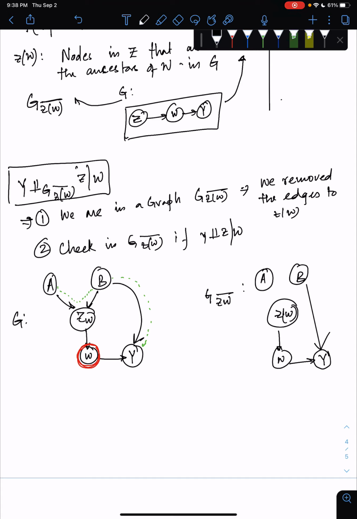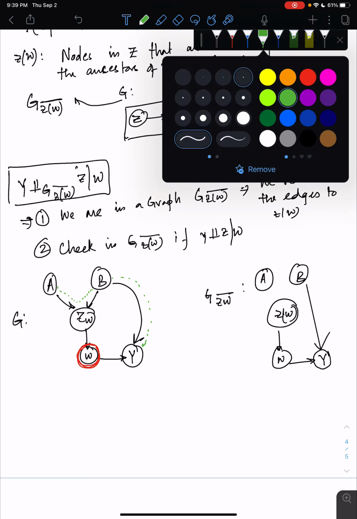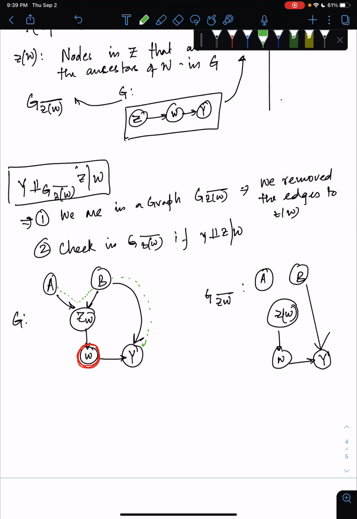Okay, so let's do a recap. I'm sorry because of these disturbances. So in my original graph, I'm conditioning on the descendant of a collider, and I'll be having this spurious path from A to ZW to B to Y, and when I remove the edges which are coming to ZW, still this spurious path will exist.